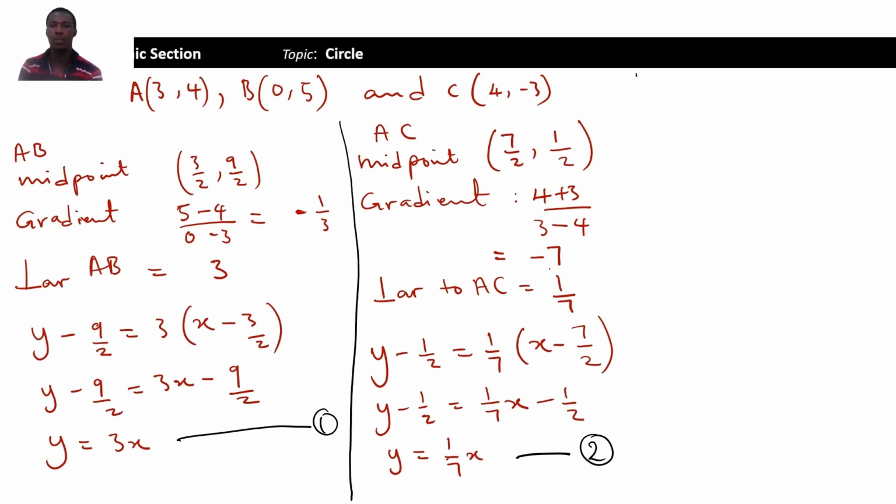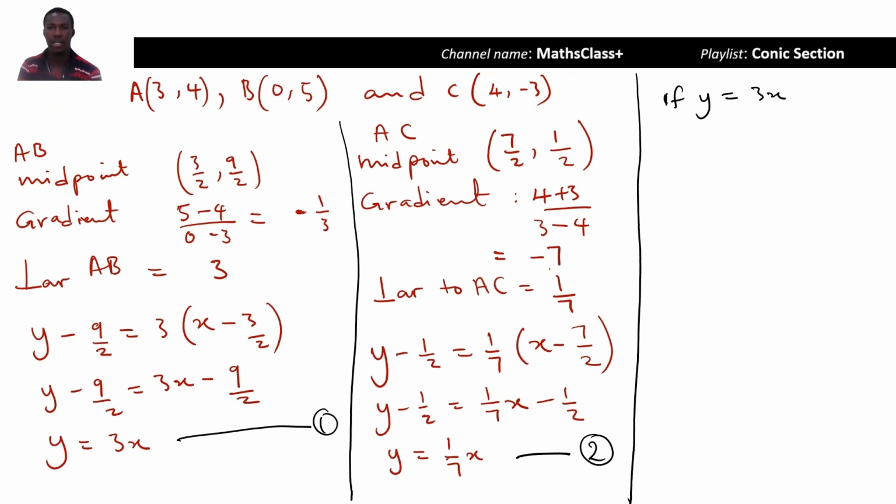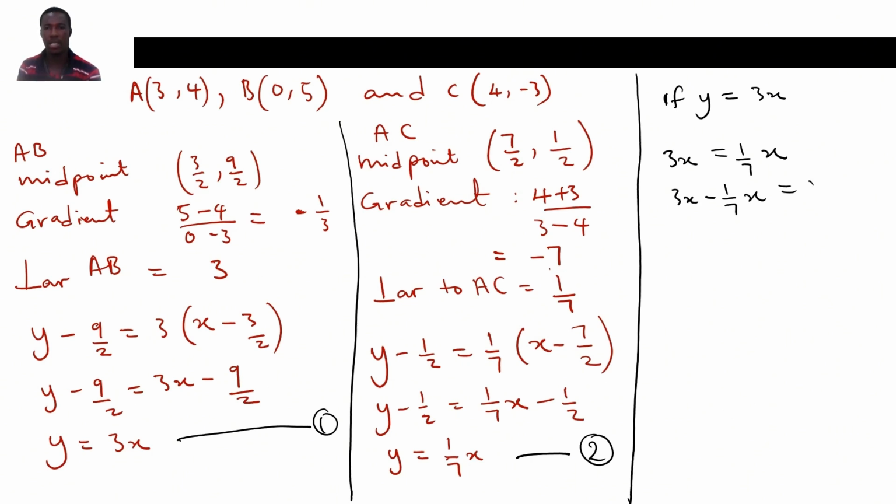Now I have equations 1 and 2. These two will give me the center of the circle when I solve simultaneously. Okay, so equation 1 and equation 2. So if y is equal to 3x for equation 1, then it means that if I put y into equation 2, I'm going to get 3x is equal to 1 over 7x. So 3x minus 1 over 7x is equal to 0.